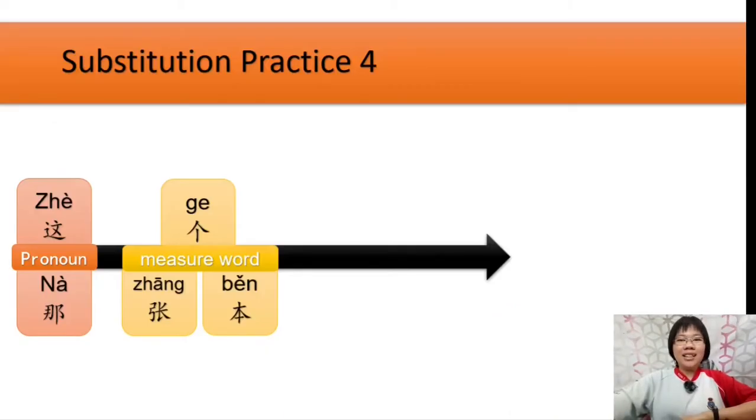Next, let's discuss about measure word, penjodoh bilangan. From the previous lesson, you learned about the word 个 as the most common measure word.